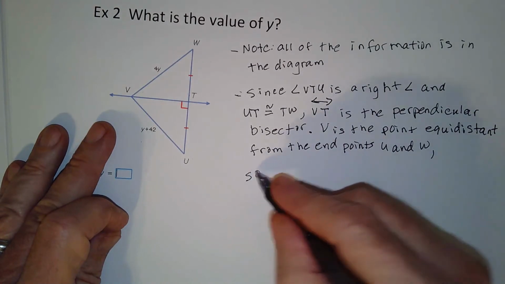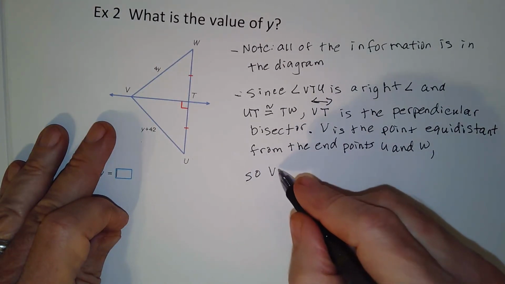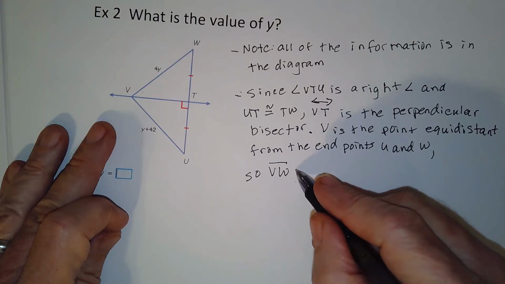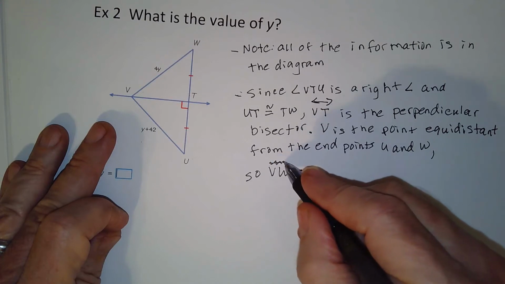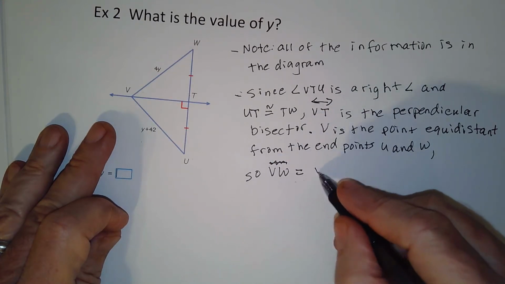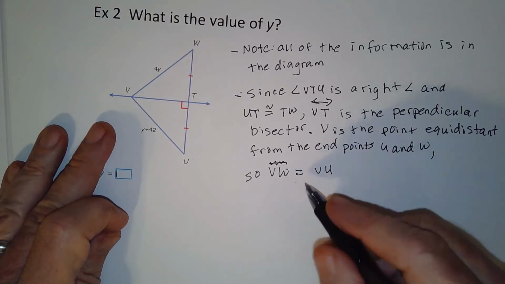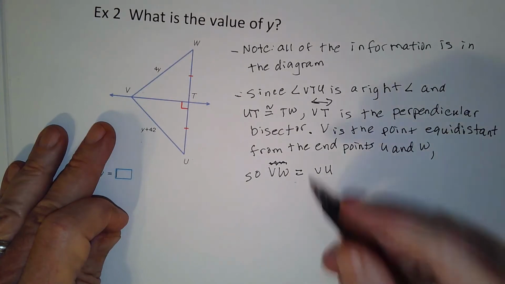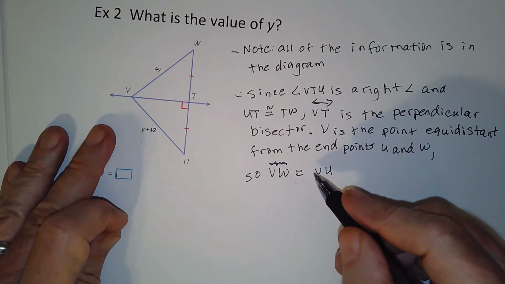So, VW is equal, why don't we take this off and just use algebra, equal to VU, okay? Remember, when we're using algebra, we don't use the little geometric symbols. Algebra we're using because we have an equal sign here.